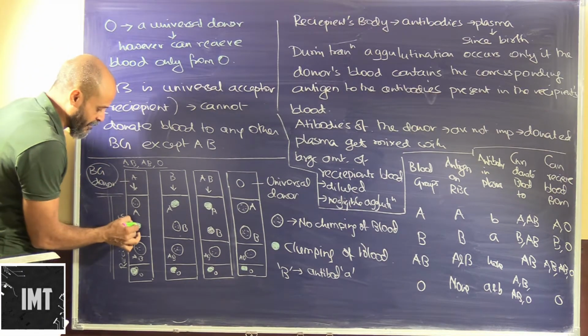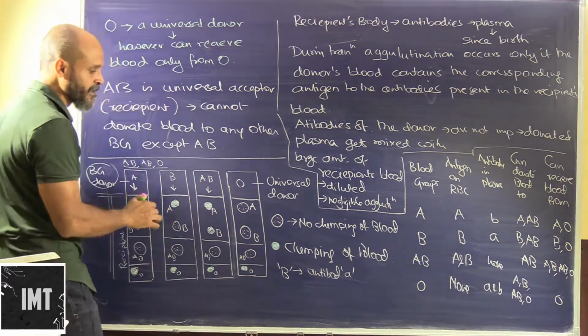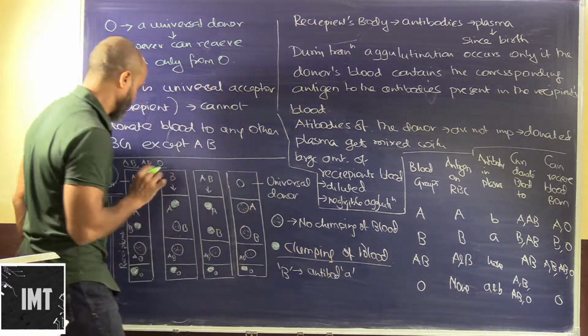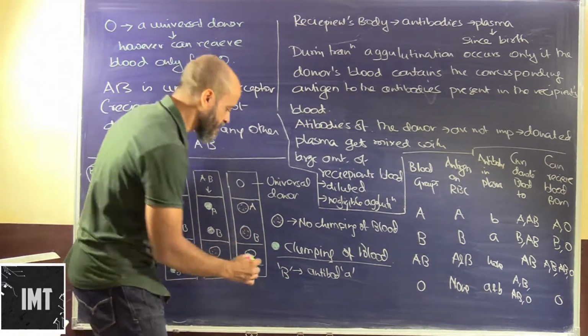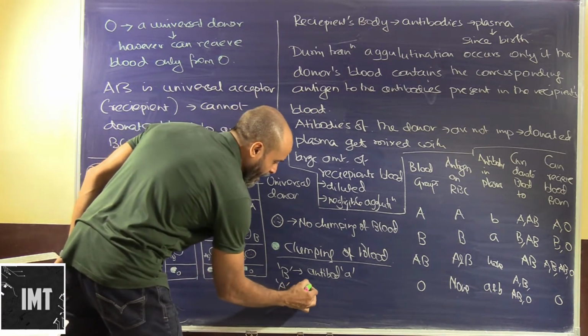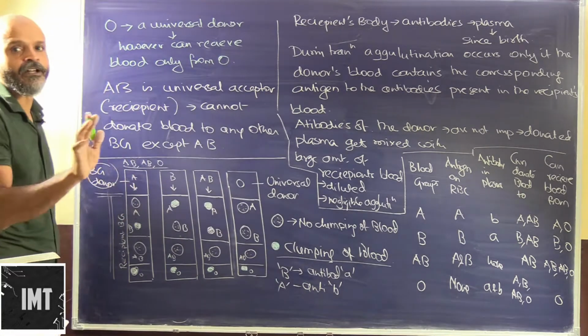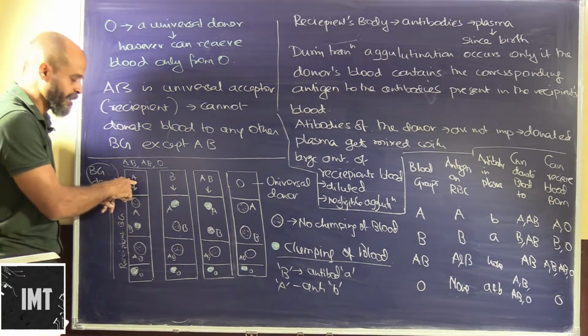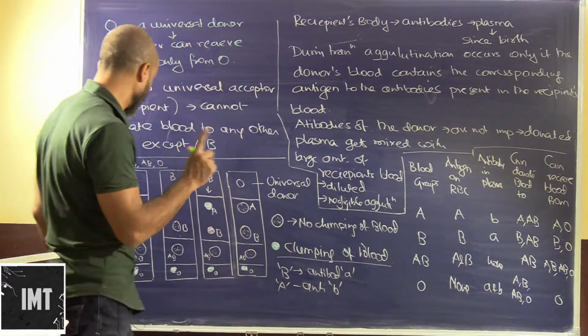So there will be clumping of blood. This dark or green region represents clumping of blood. But A and A will result in no clumping, because blood group A has antibody B, and antibody B will not react with antigen A.